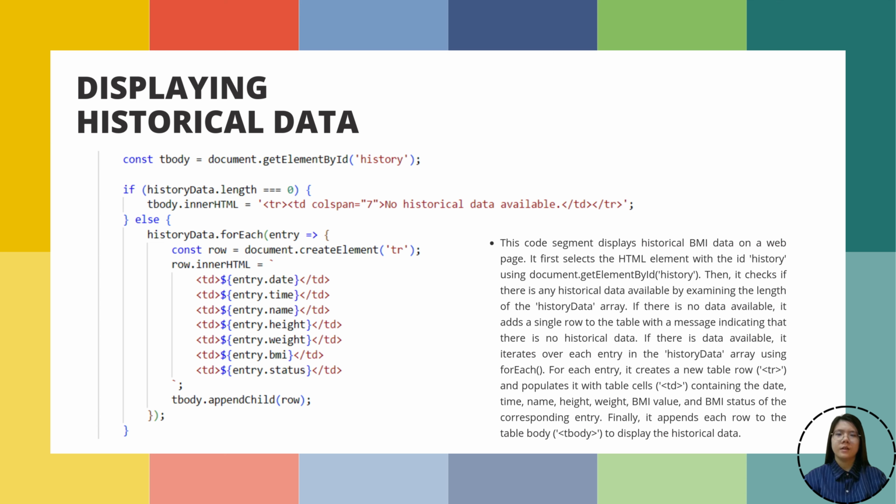If there is data available, it iterates over each entry in the history data array using forEach. For each entry, it creates a new table row and populates it with table cells containing the date, time, name, height, weight, BMI value, and BMI status of the corresponding entry. Finally, it appends each row to the table body to display the historical data.